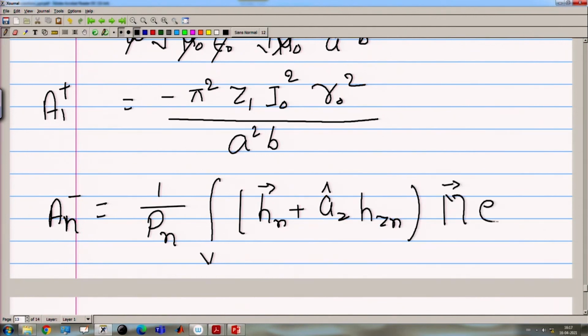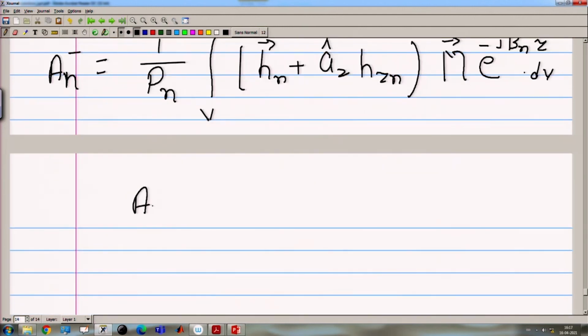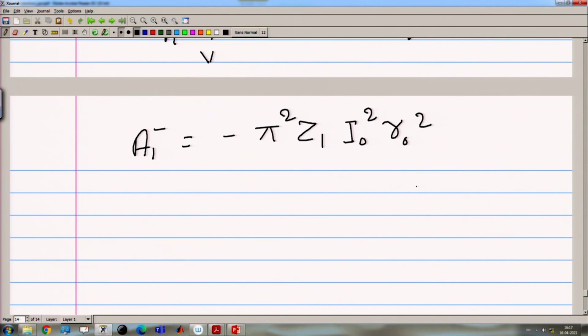So, similarly, we can substitute, and because this will be symmetric in both directions, it will give the same amplitude in the negative travelling wave also. For this case also, if you do the calculation, a 1 minus will be minus of pi square z 1 I naught square r naught square divided by a square b. So, the same amplitude for the negative case also will come.